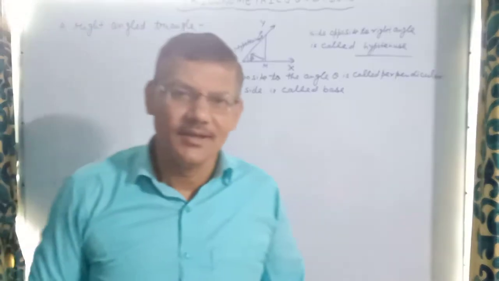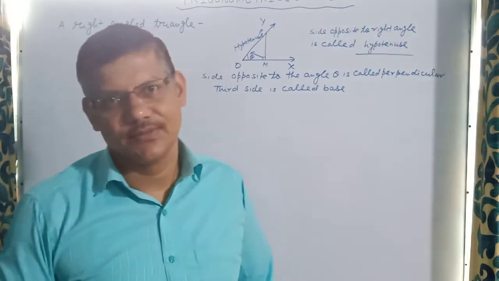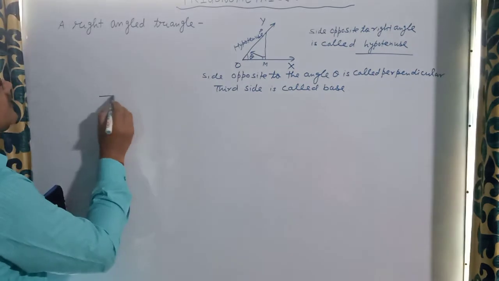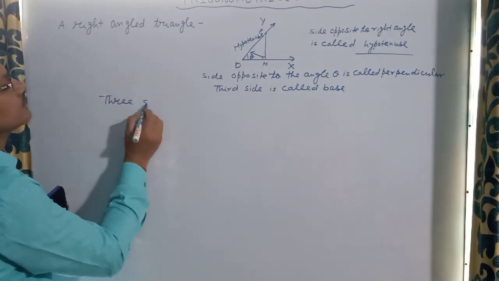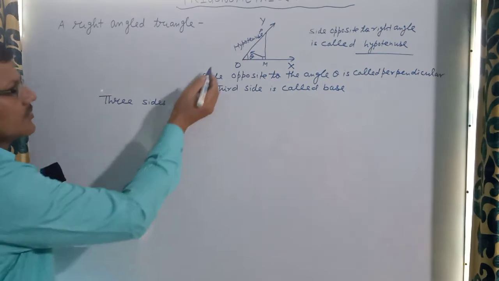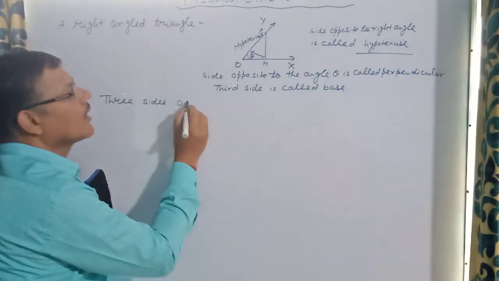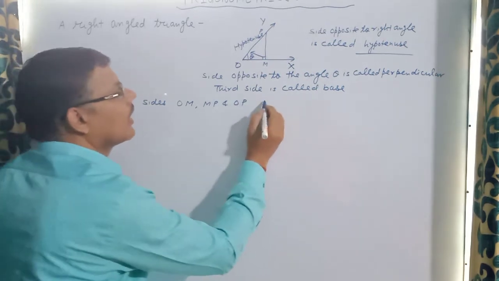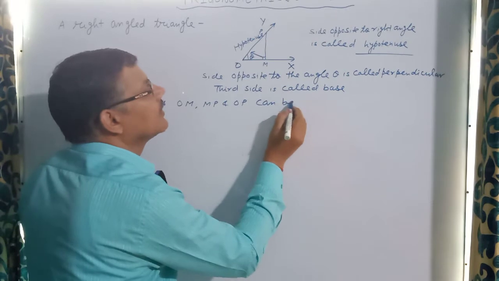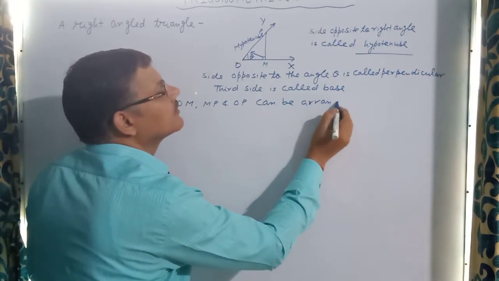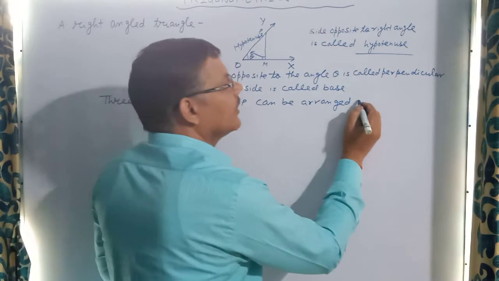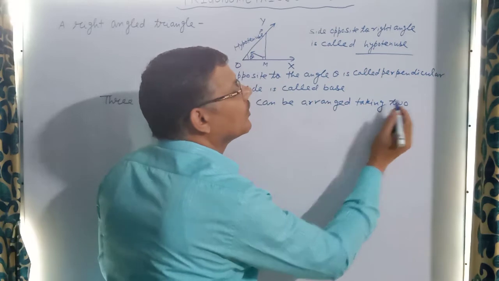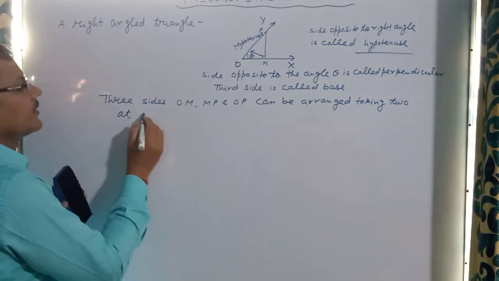So we get the terms hypotenuse, perpendicular, and base. Now my question is, why are there 6 ratios? Why not 5? Why not 7? So there are 3 sides. What about the names of the sides? That is OM, MP, and OP, which can be arranged taking 2 at a time.